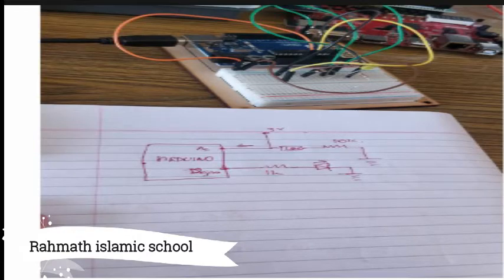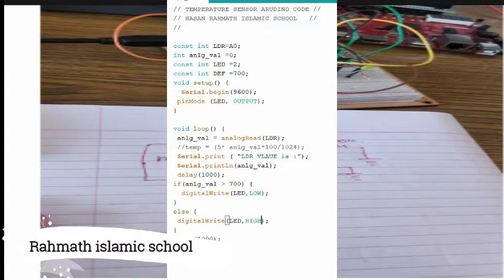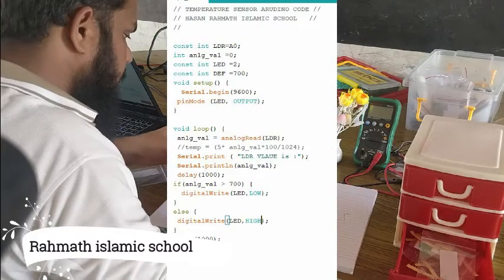The decision is taken in the Arduino, so I have written a code with such requirements. I am showing it on the screen.